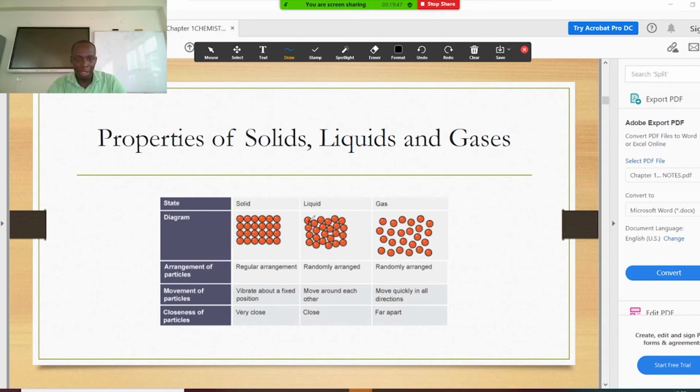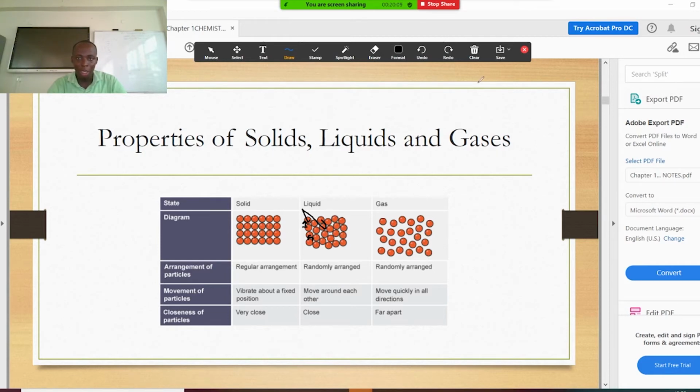This circle here represents a water molecule. This circle also represents a water molecule. There is an attraction, a force that holds these molecules together.